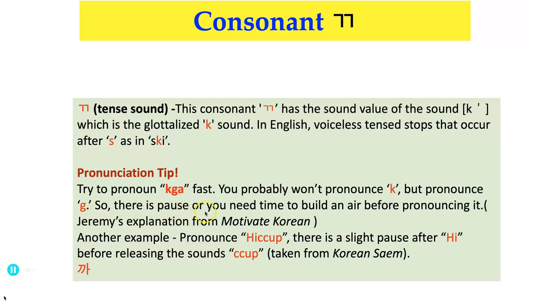There's a pause where you need time to build up the air before pronouncing. Another example: pronounce hiccup. There's a slight pause after the first part before releasing the sound. Ka, ka. That is the sound.